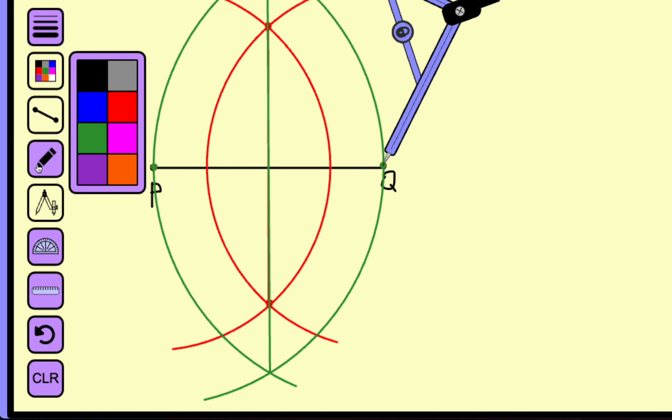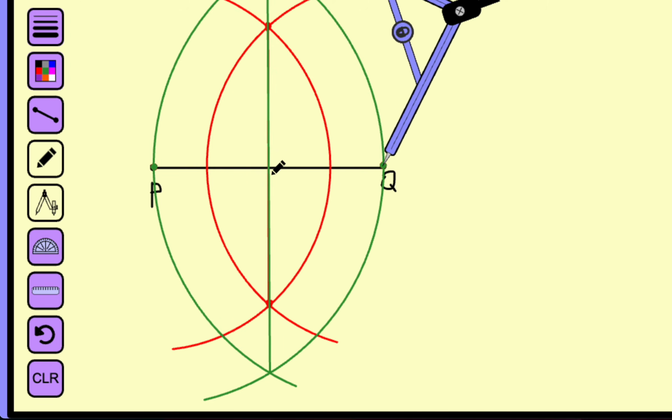Now again, we want to get in the habit of labeling our pieces. So we just constructed the bisector, which means that at this point where I'm splitting my line, I know that I am cutting it directly in half here. So I know that that's the midpoint, and you guys should label this in your construction too. Here's our midpoint. We also know from this we can make other conclusions.